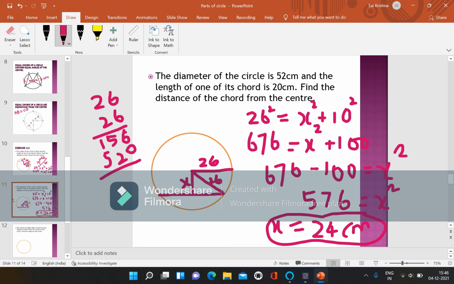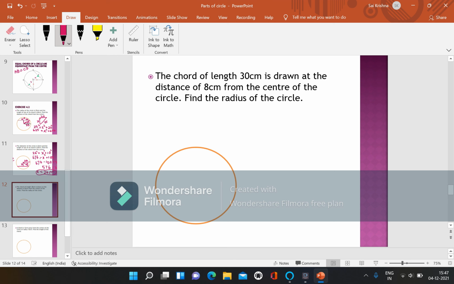Okay, this is how you need to solve. The next question is also in the same method. A chord of length 30 is drawn at a distance of 8 centimeter. Here you need to find the radius. So the chord length is given as 30, and this is the center, and the radius we need to find, and this distance is given as 8.